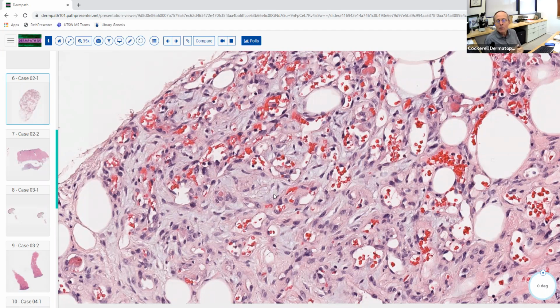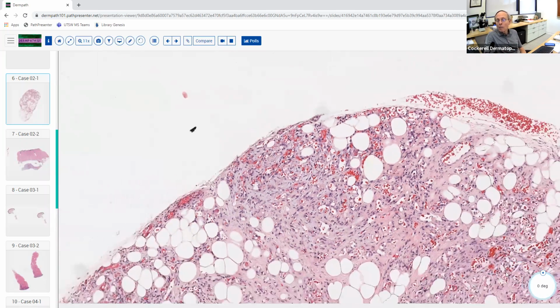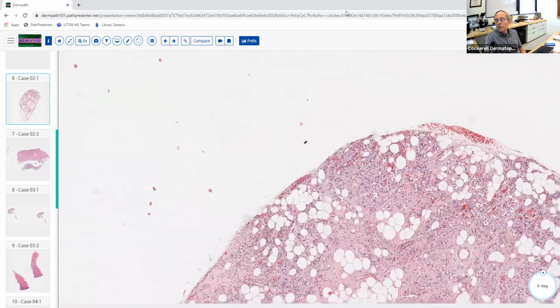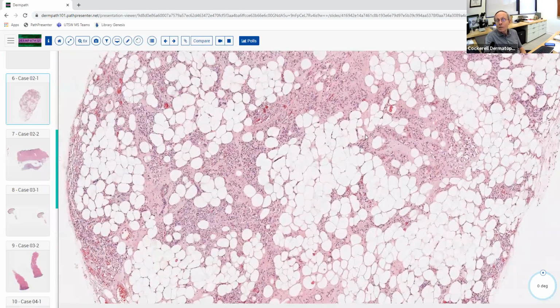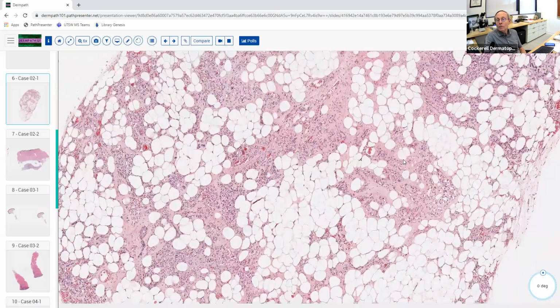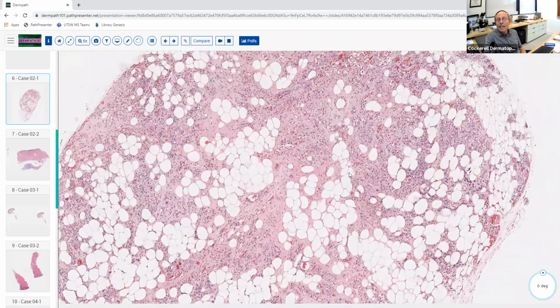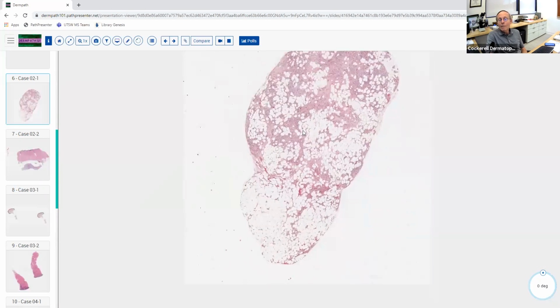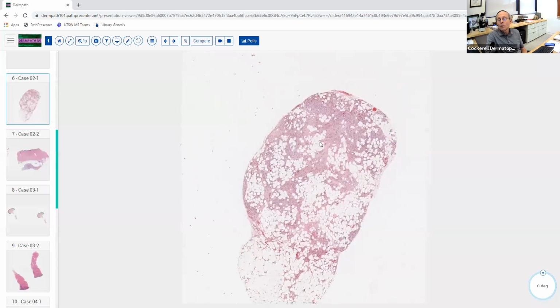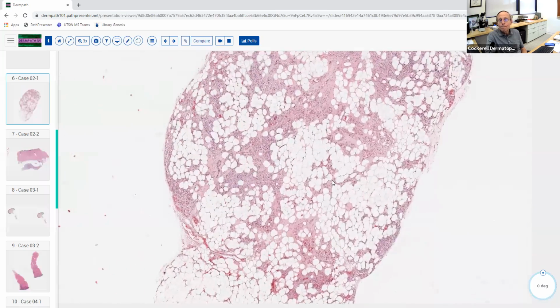Sometimes you get a small amount of vascularity; this one is probably 50 to 60% vascularity. So you really need the overall architecture demonstrating the lipoma component to make the diagnosis with certainty.